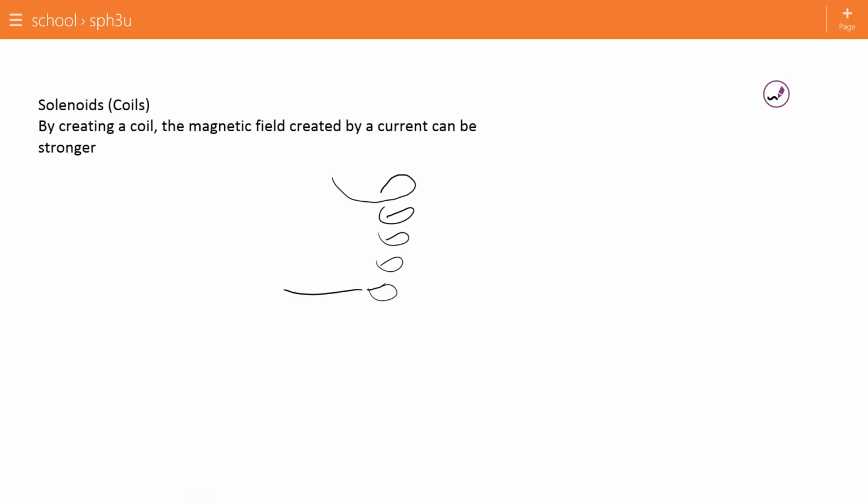the way I've drawn this coil, let me try that all over again. Let's say you have a pencil. There's your pencil, and there's your eraser.